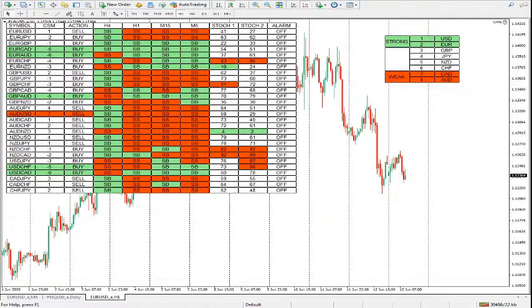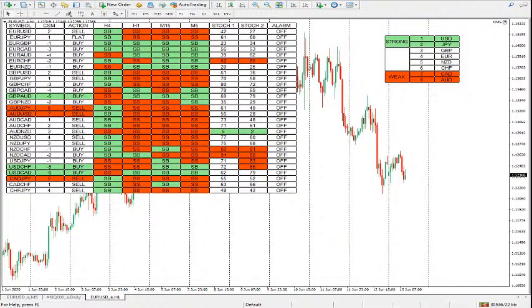If we check the trend of various currencies, you can see that we have Euro USD where there's an active downtrend, except for the 4 hours where we are upwards. And then we have Euro JPY where we have an active downtrend, and then we have Euro GBP, Euro CAD, all of them we are upwards. And then we also have Euro AUD also upwards. We have GBP USD, GBP JPY, GBP CHF, all of them are downwards.